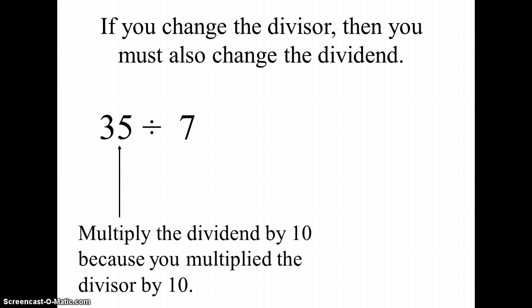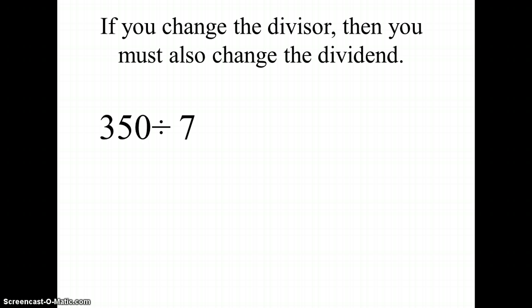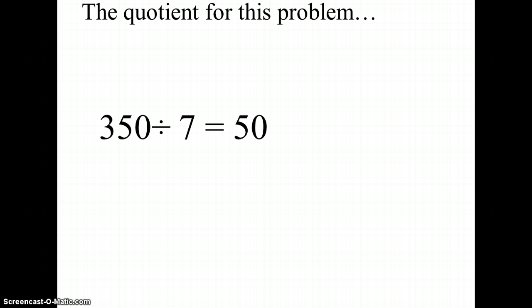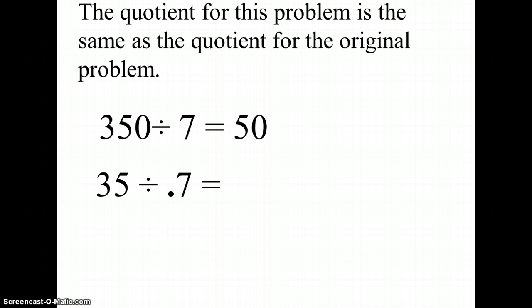So I would multiply 35 by 10 and get 350. Now I can divide 350 by 7 and get 50. That would be the quotient for this problem. So, since 350 divided by 7 is 50, then 35 divided by 7/10ths is also 50.